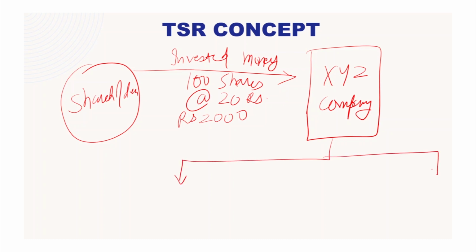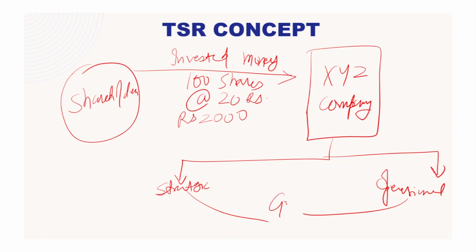Based on the operation part, the company will have strategic and operational things, and ultimately they will be contributing towards the growth of the company. The company's growth signifies an increase in the market value as well. So an increase in the market value means the share price of the company will also go up.